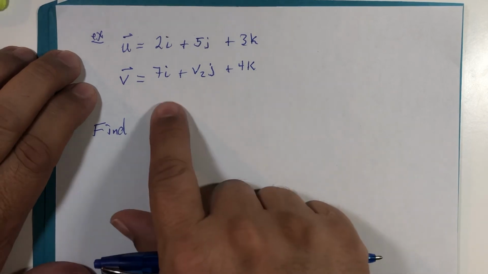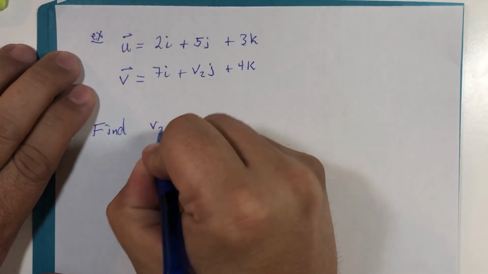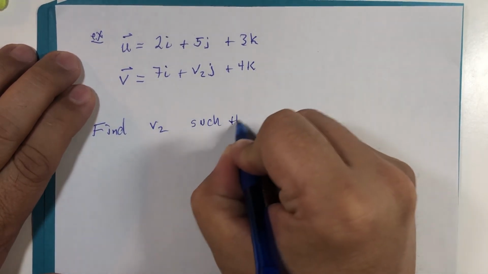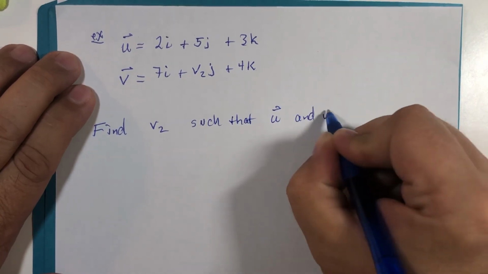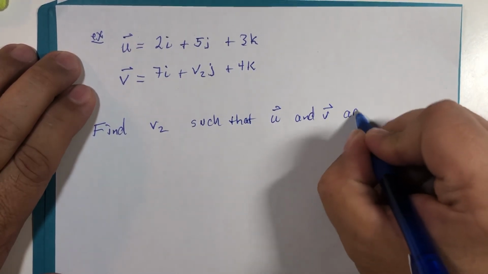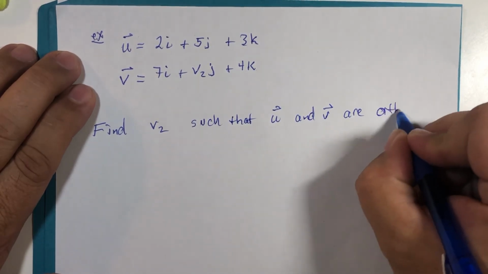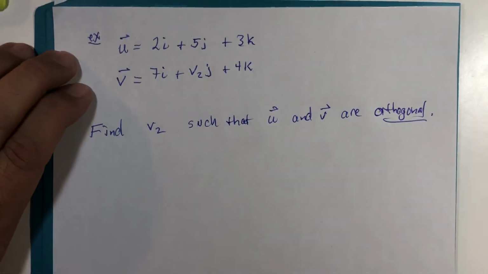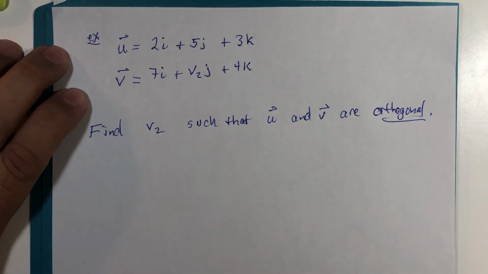So, notice I'm missing a number. I want you to find that missing number such that U and V are orthogonal. Let's make them perpendicular if they were touching in 3 dimensions.